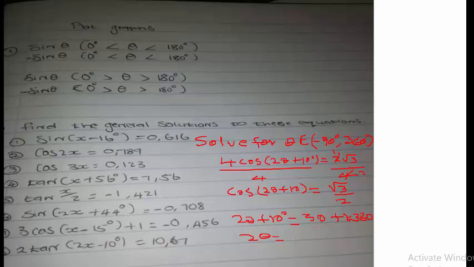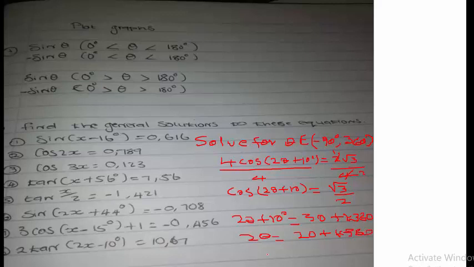The 10 becomes negative once you transpose it, so 30 minus 10 gives 20, plus K times 360 as is.